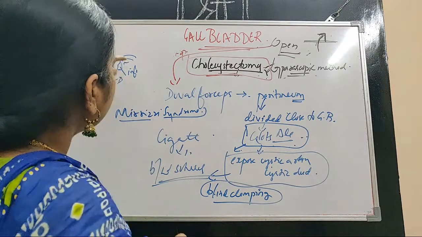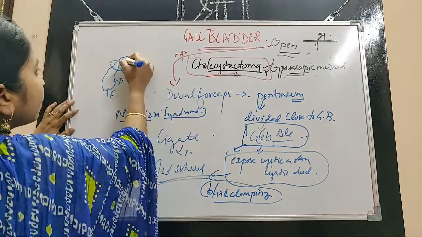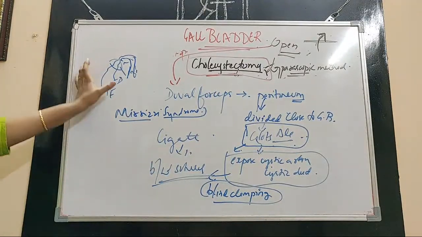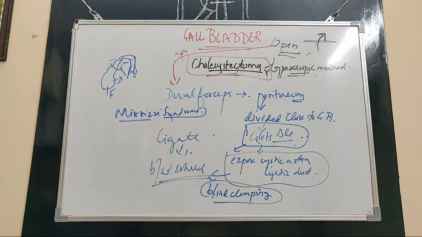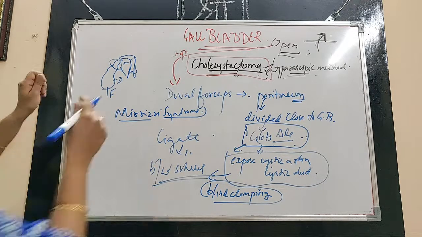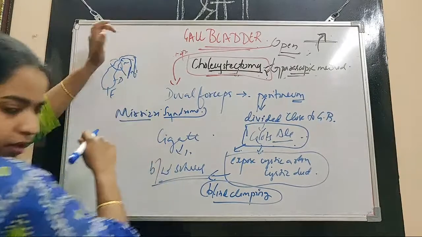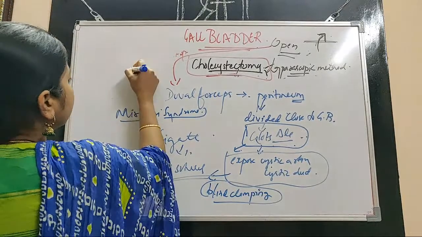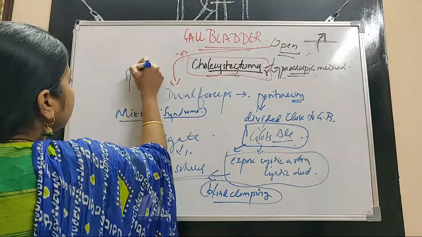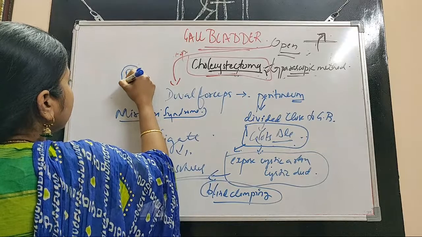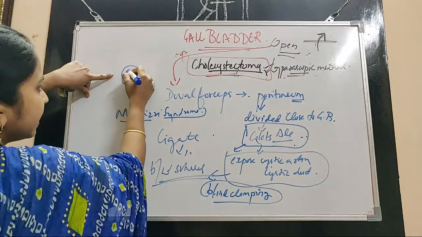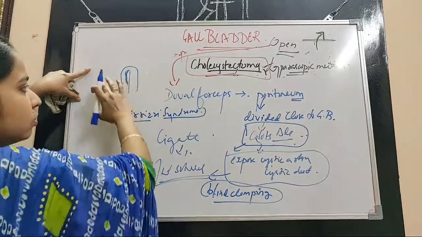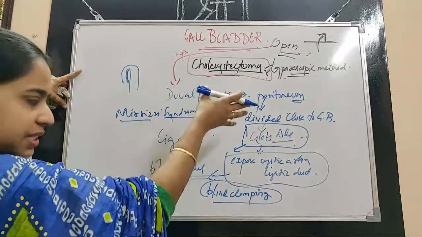At times, the cystic duct is in close association to the body of the gallbladder, or very adherent to it. Suppose this was the cystic duct; anatomically there are various variations in how the biliary tree or the gallbladder along with its tree presents.